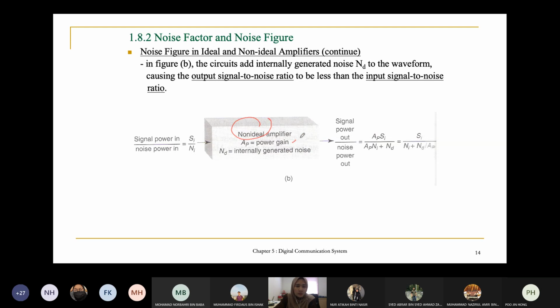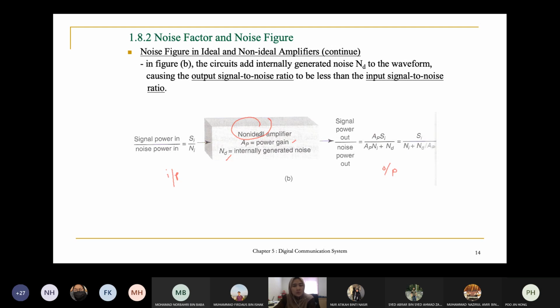So you have the AP and now inside the amplifier you have the internal noise, which we name ND. If you look at here, this is your input, the same as the previous example. Your signal to noise ratio at the input is Si divided by Ni. Now you want to calculate the signal to noise ratio at the output.